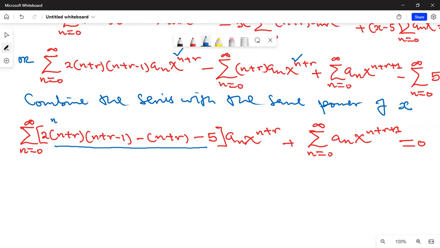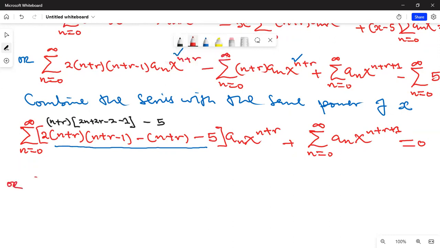It will be n plus r outside, so that inside here I'll have 2n plus 2r minus 2, then minus 1. Then I can see this minus 5, and that will be 2n plus 2r minus 3. So I can rewrite this in the simplest form.